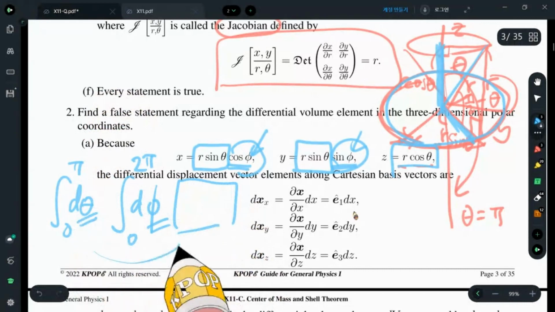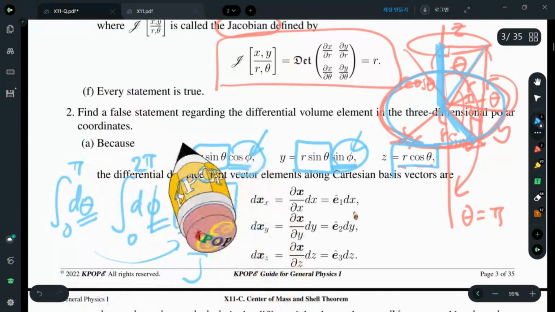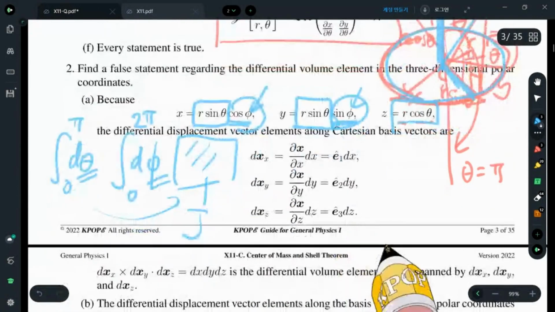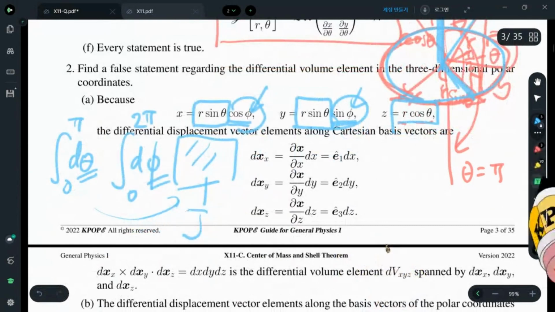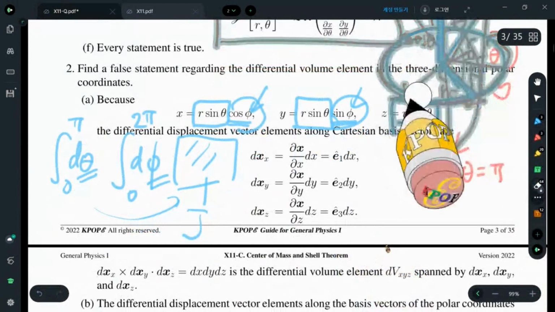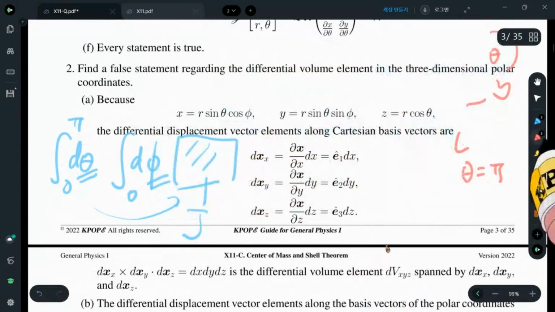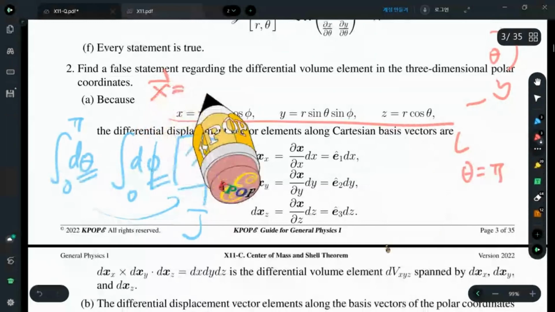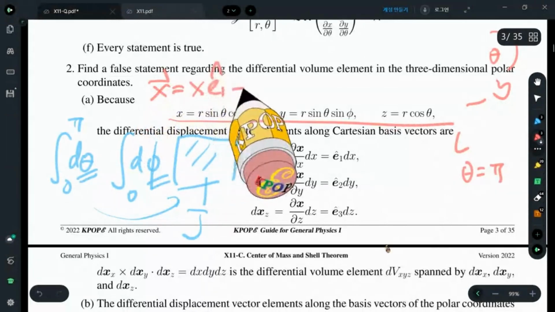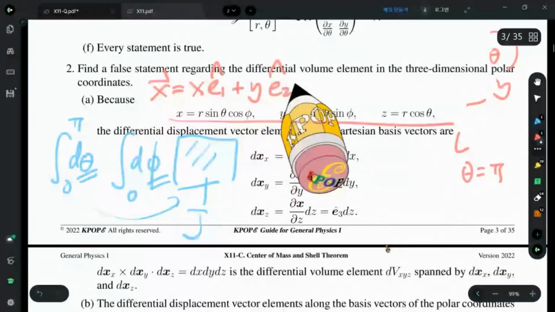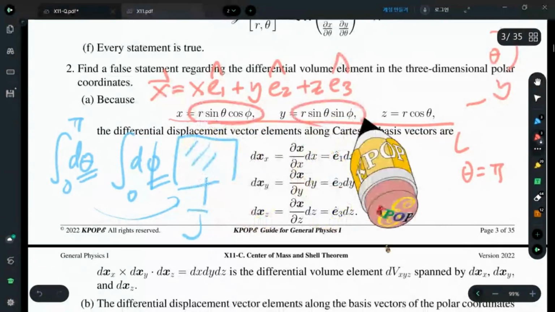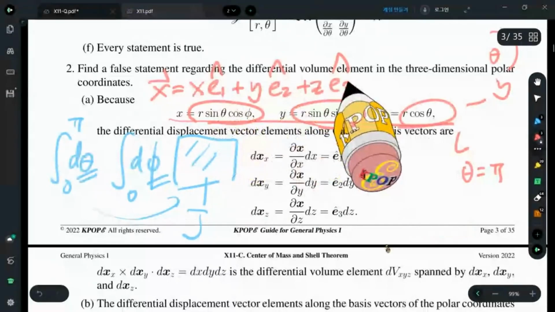That missing factor can be included to find out the Jacobian that makes this one complete area or volume. We write down the position vector x(e1 hat), y(e2 hat), and z(e3 hat), and substitute these values into x, y, and z.